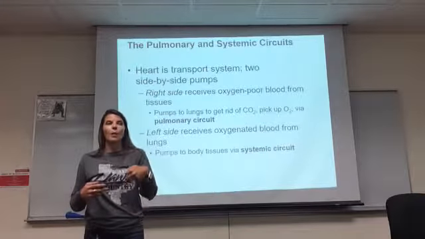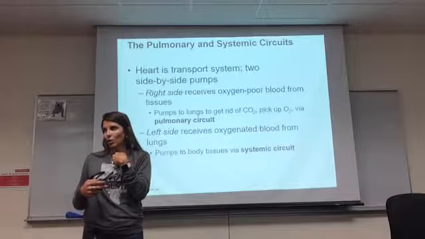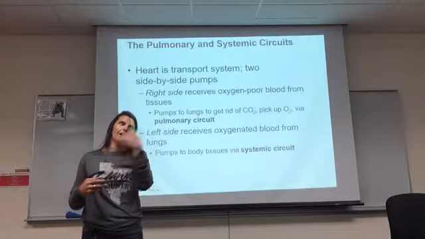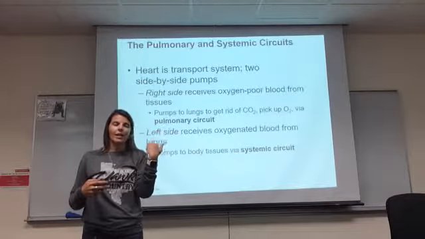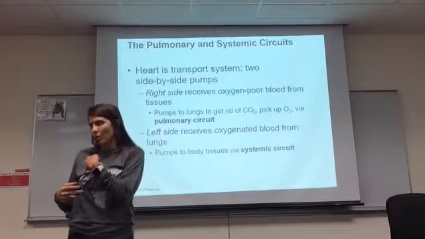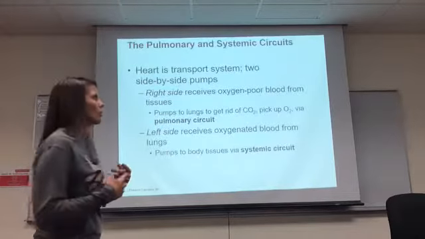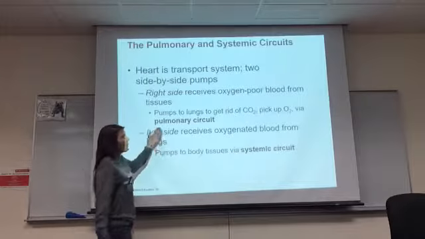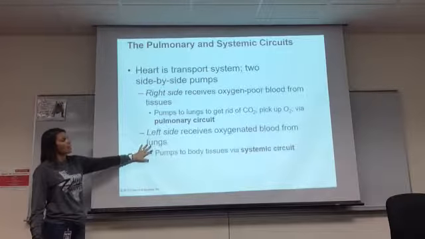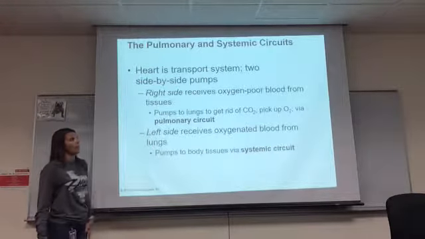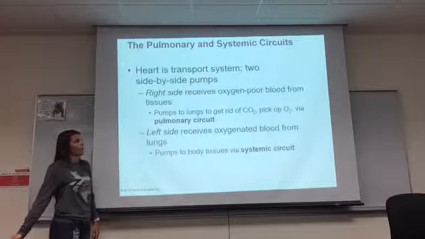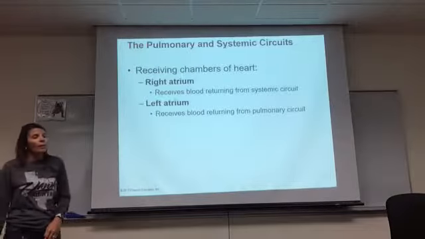Carbon dioxide is brought back through the blood, then back to your lungs. The lungs take the carbon dioxide, exhale it, and then you get more oxygen. So it's talking about the exchange of oxygen and carbon dioxide throughout your body. So systemic is going through all your tissues. Pulmonary is just your lungs, where we drop off and pick up oxygen and carbon dioxide.